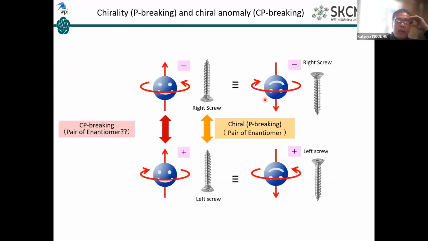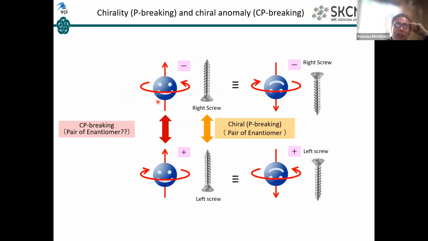Now we have to go further, and there are two things we have to consider. As already known, one is CP spontaneous breaking of fundamental particles, and the other is structural, geometrical chirality.